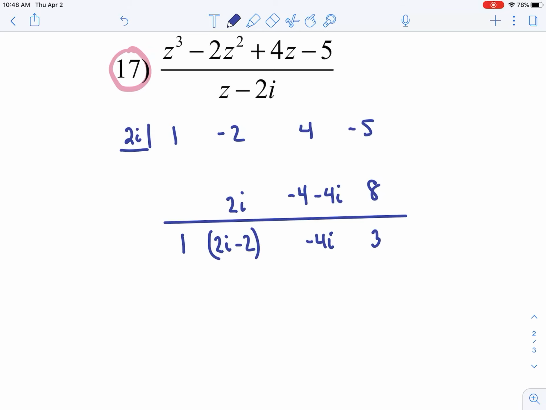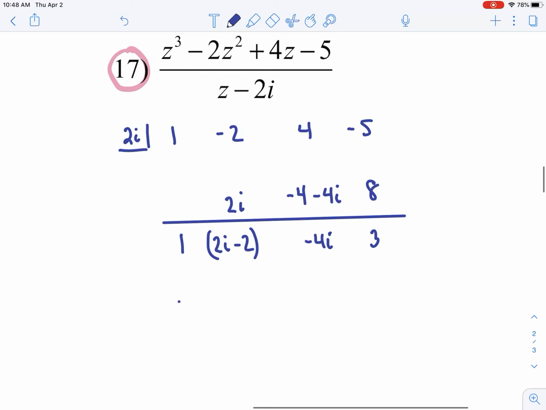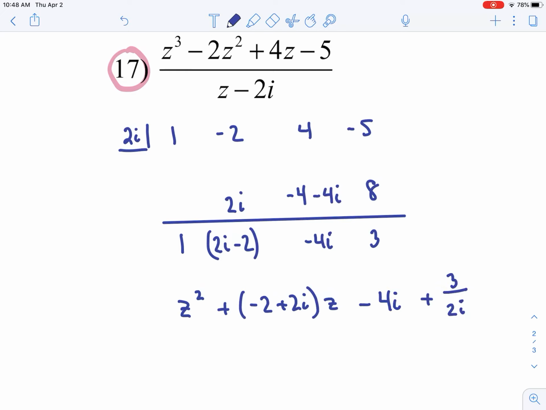Okay, I'm going to write my answer. It'll be z squared minus 4iz, well, let's see, the first, minus 4i plus the remainder 3 over z minus 2i.